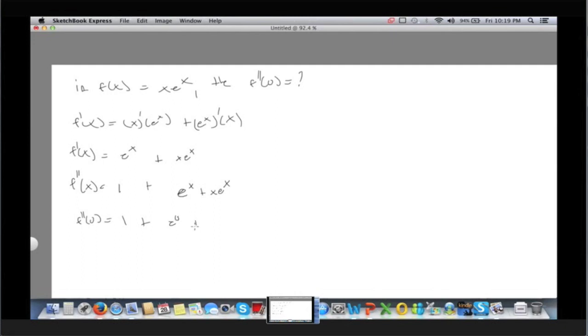Let's go back to that previous line. Okay. Describe to me, how did you get the 1 in the previous line? E to the x, the derivative of e to the x. Mm-hmm. Yeah, okay. The derivative of e to the x is e to the x. The second derivative of e to the x is still e to the x.